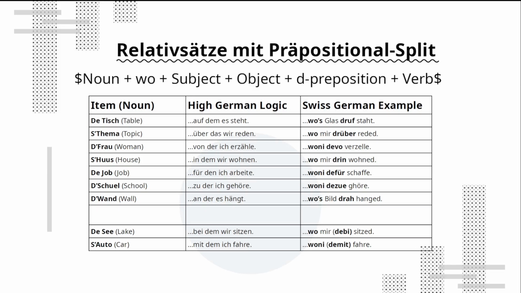Der Job, für den ich arbeite, wo ich dafür arbeite. Now, this doesn't really make so much sense because you wouldn't say it like that. You would say you work for an employer and not for a job. But it's the Google examples. Then, Schule, the school, zu der ich gehöre, wo ich dazu gehöre.